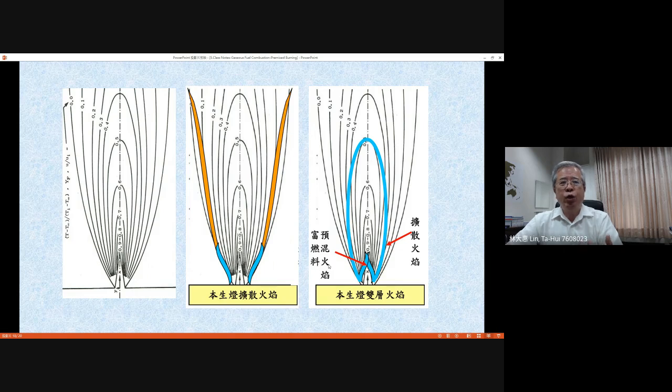Because this is a rich premixed flame, and the excess fuel is not equal to the original rich fuel. That means the amount of fuel is less compared with the original fuel concentration, which means the diffusion strength is much weaker compared with the pure diffusion flame.